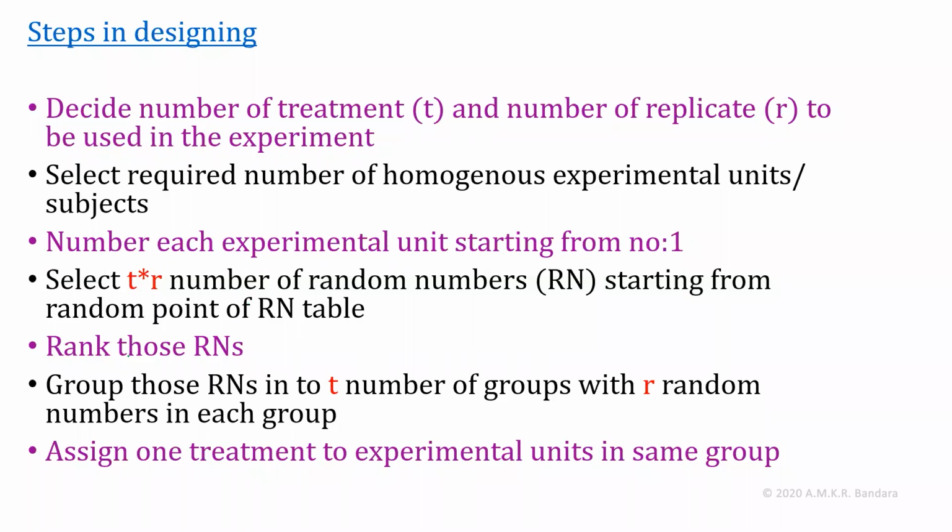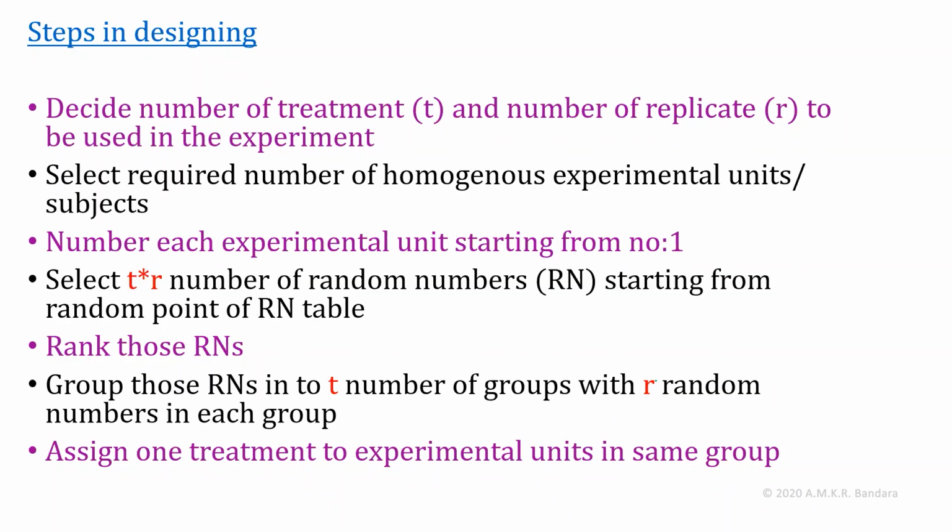Then rank those random numbers. Then group those random numbers into 3 groups. Here we have 3 treatments, so you have to group these selected random numbers into 3 groups.